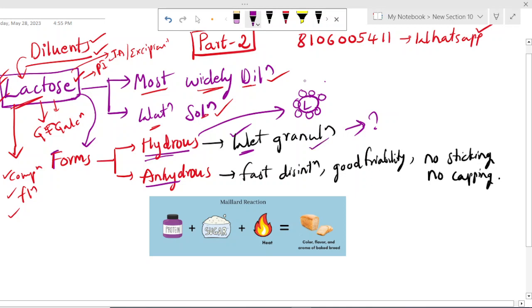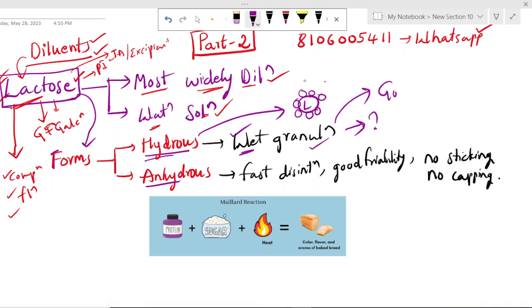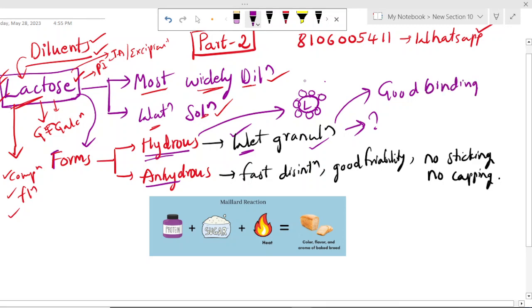Hydrous lactose is used as a diluent in wet granulation because it has good binding properties, meaning that it can effectively bind and agglomerate the powder particles together when mixed with a liquid binder. It has good binding properties.